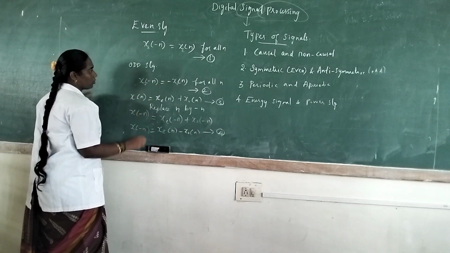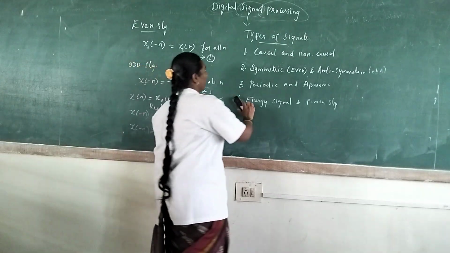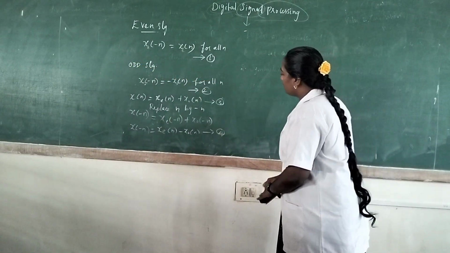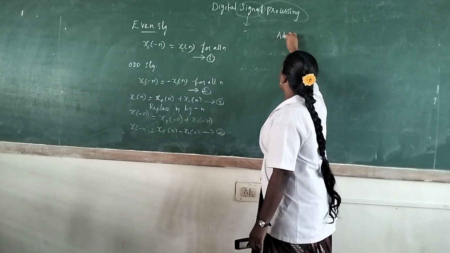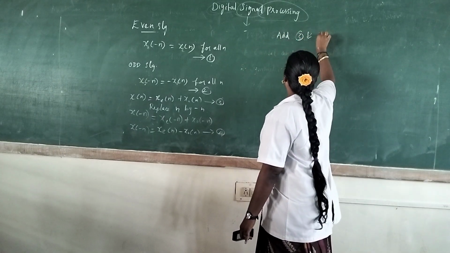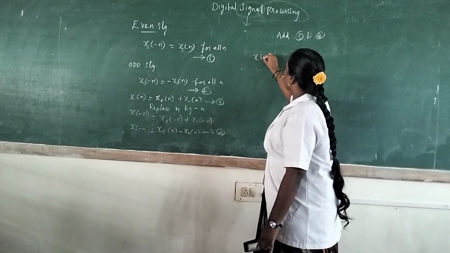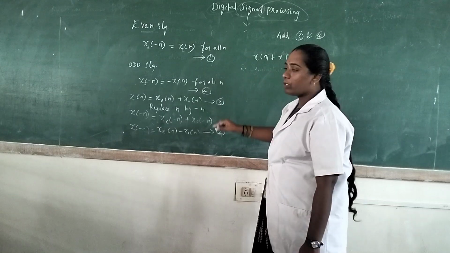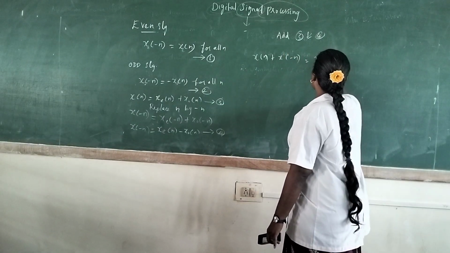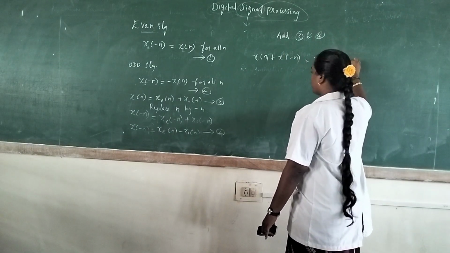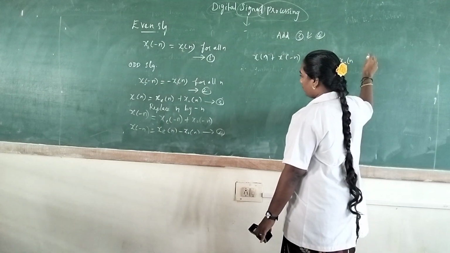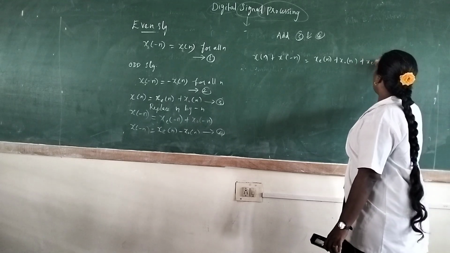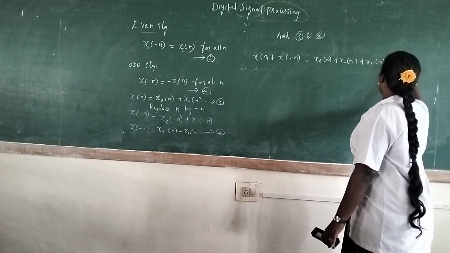So now we want to add equations 3 and 4 to find the formula. Adding 3 and 4, x of n plus x of minus n will be equal to xe of n plus xo of n, and then plus xe of n minus xo of n.